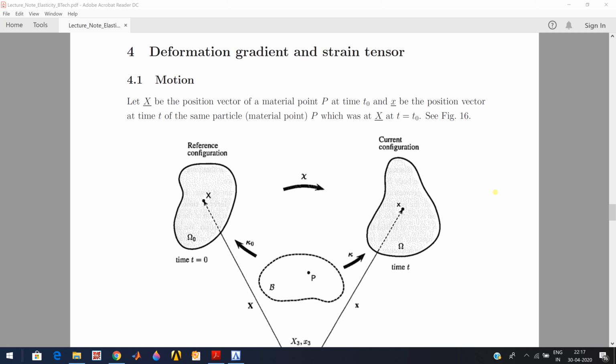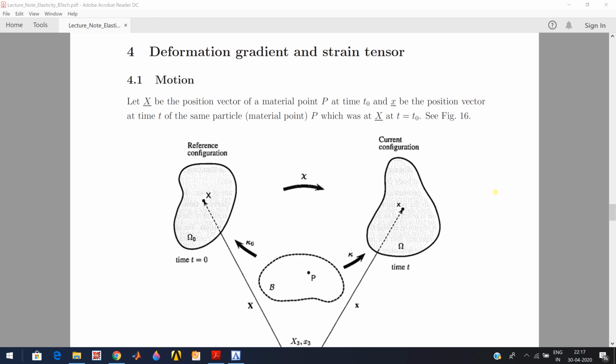Strain, the term you have already encountered in your first year mechanics, but probably you have learned the description of the engineering strain and the problems you have dealt with. Those are two-dimensional. So now in this lecture, we'll learn what is the strain tensor in the three-dimensional space.